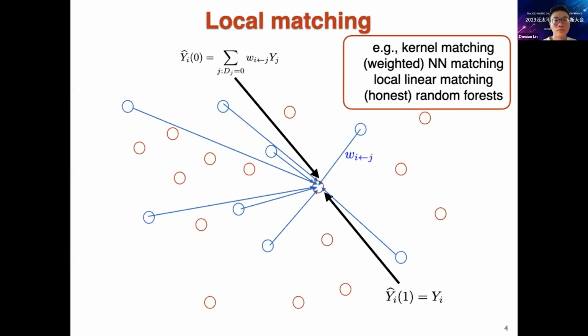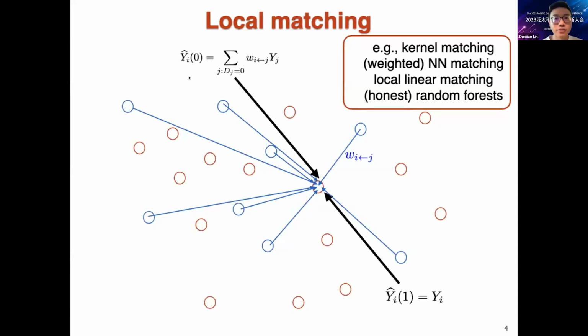For example, for a unit in the treatment group, we can observe its outcome under treatment, but for its counterfactual outcome under control, because we cannot observe it, we may imagine what will happen if this unit is given control. We want to use the information from the control group to estimate the counterfactual outcome under control.